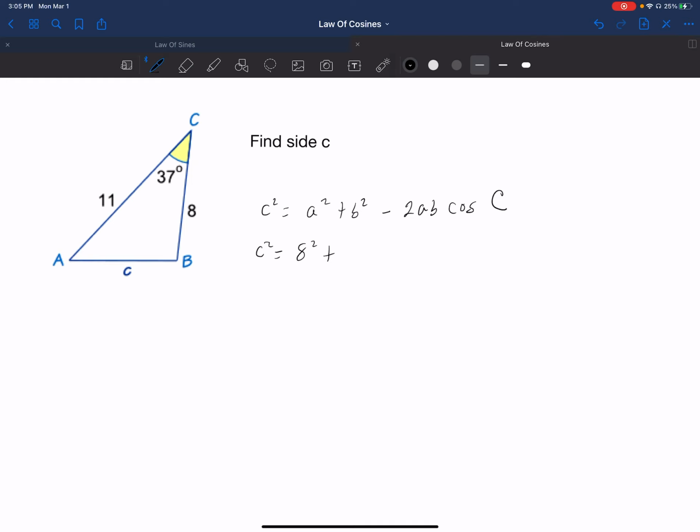I'm going to take side B, which is 11, and square it, minus 2 times side A, which is 8, times side B, which is 11, times the cosine of 37. So when you're looking for a side, notice how you have the variable on the left side being squared, and then everything on the right side is just numbers.